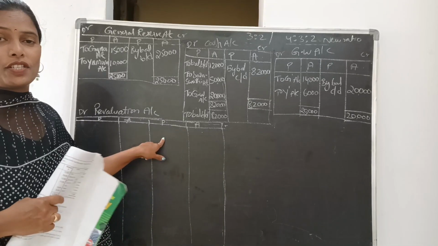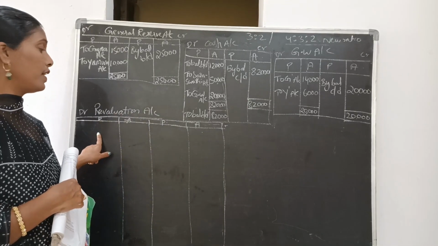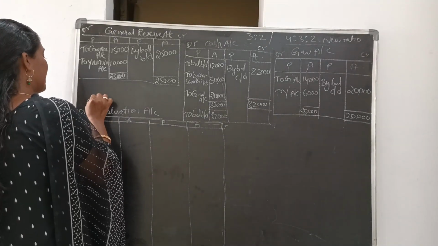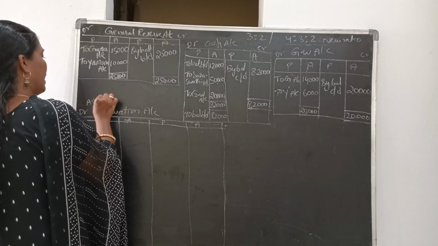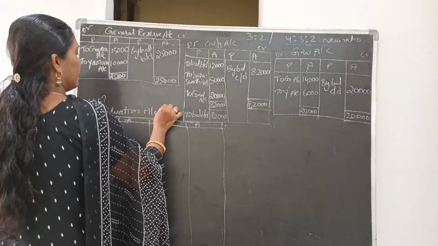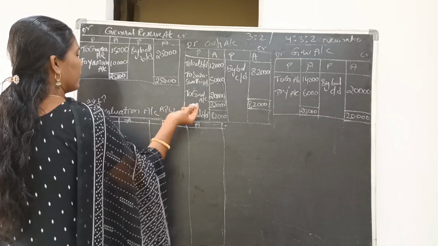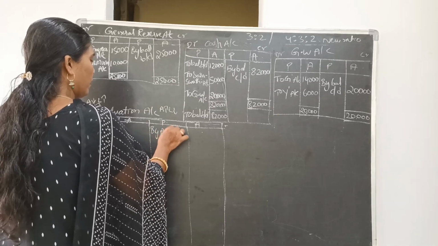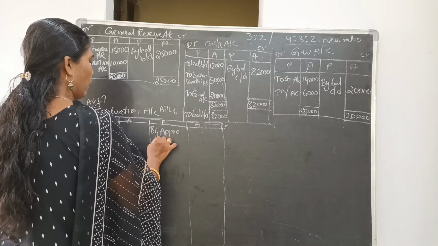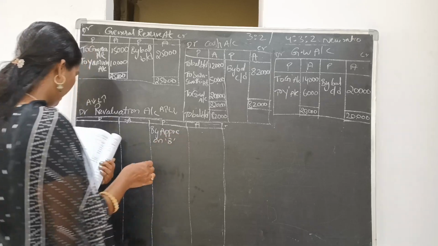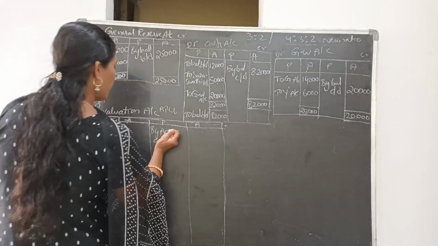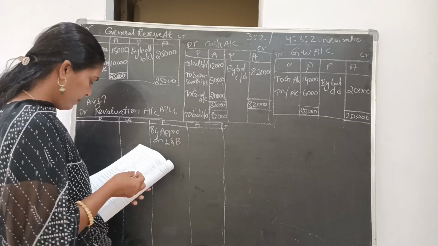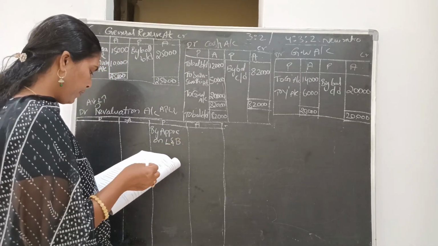So appreciations will show on the credit side and depreciations on the debit side. If an asset is increasing, it goes on the credit side. So by appreciation on land and building, I will write L and B in short form.